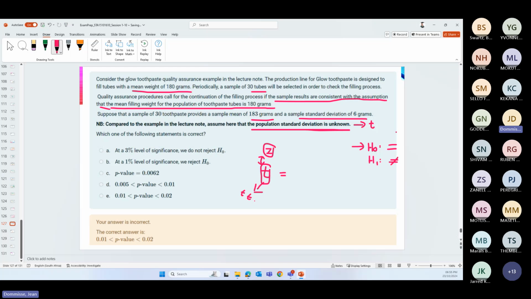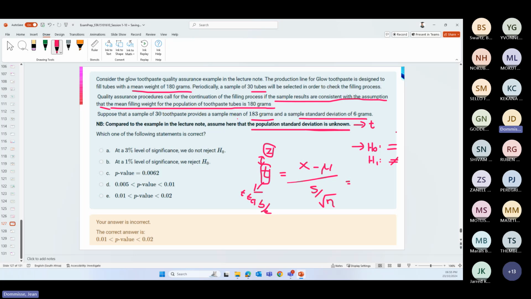Just important, we do exactly the same. The only thing is that now it's the sample standard deviation and not the population, but all the other stuff is exactly the same.